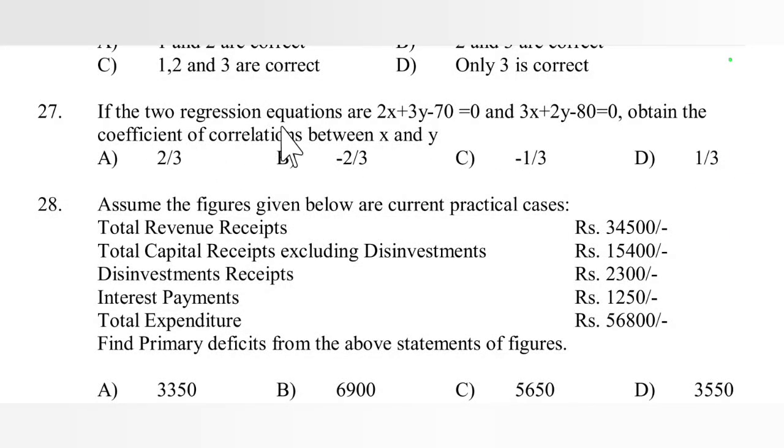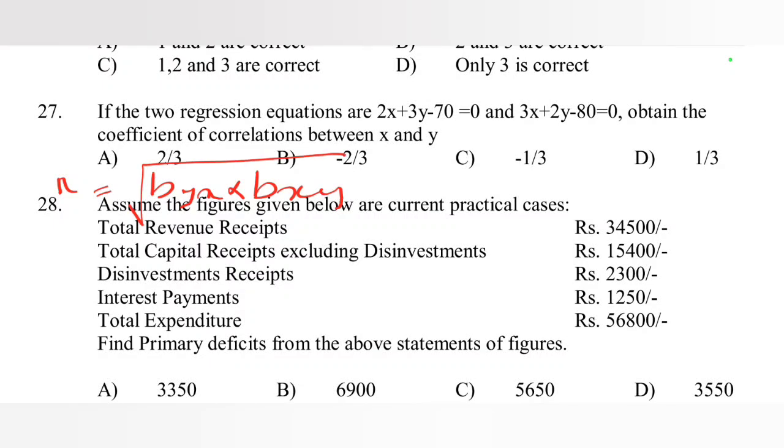It is a mathematical question. If the two regression equations are 2x + 3y - 70 = 0 and 3x + 2y - 80 = 0, obtain the coefficient of correlation between x and y. We know that r = root of (byx into bxy).